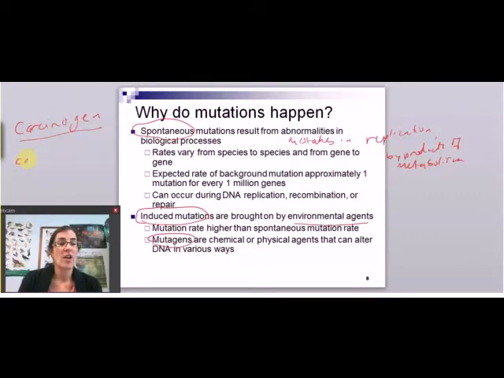Carcinogen means to cause cancer. And because cancer starts with mutations, many carcinogens are also mutagens. So there's some overlap in these terms. Something can be a mutagen and a carcinogen. But the reverse is not true. Not all carcinogens are mutagens.